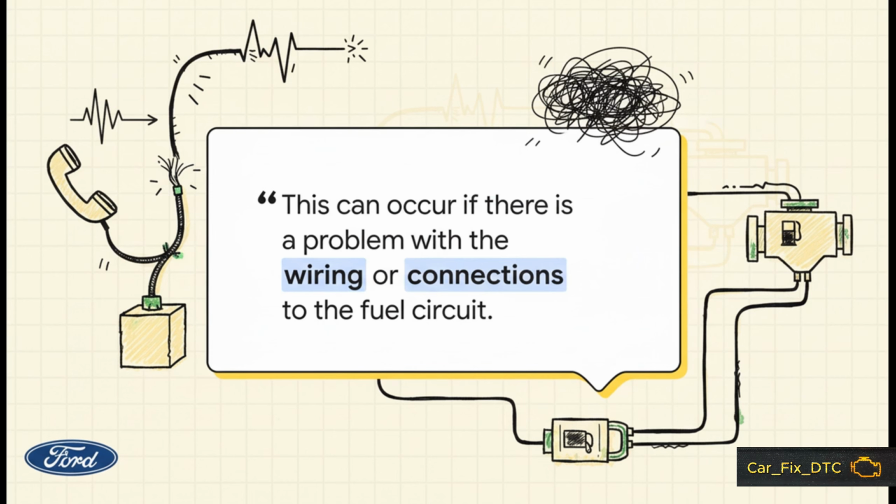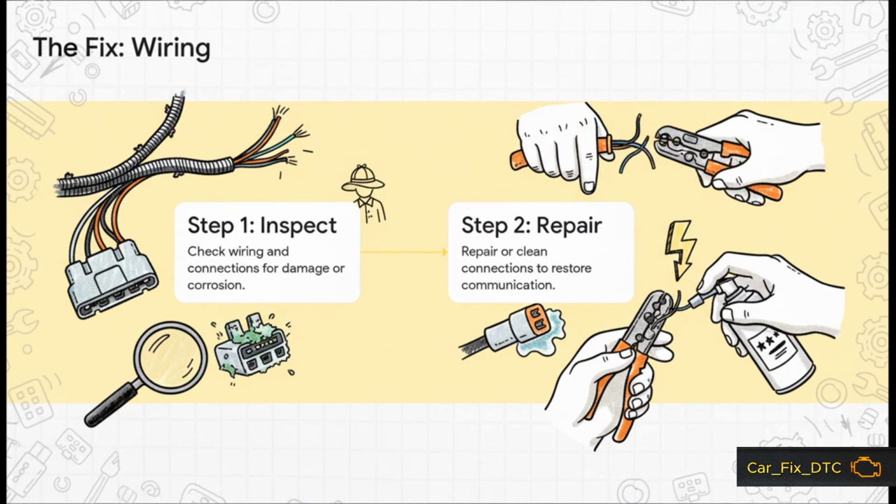The computer sends a clear command, but what the pump gets is just static, and that leads to a performance error. Solving this one takes some good old-fashioned detective work. You have to physically inspect the wiring harness, look for any obvious signs of damage, check the connectors for that nasty green corrosion, and then just repair or clean them up to restore that clear line of communication.